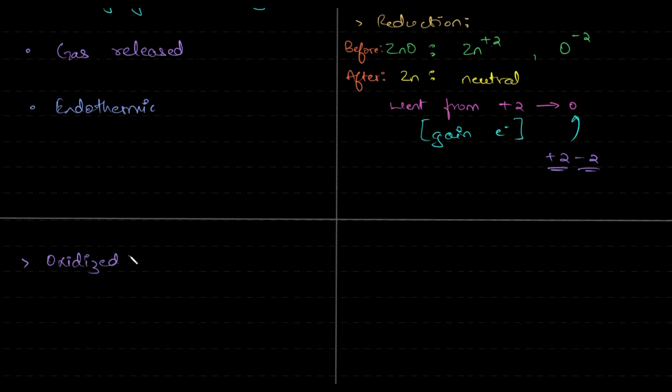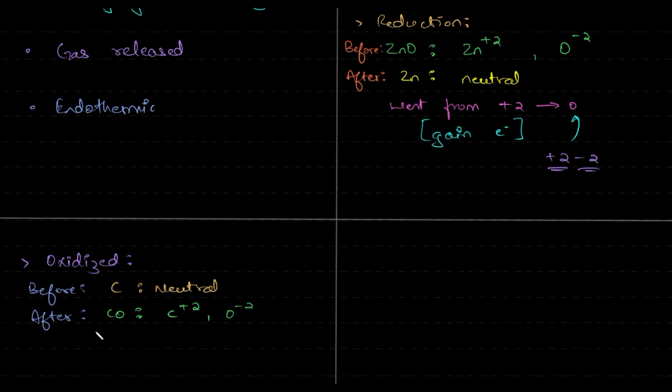Now let me keep it over there. Then we have oxidized. So let me write before and after. So what is getting oxidized? Carbon. Carbon, it was neutral. And now when CO comes into picture, what happens? Carbon is bonded with oxygen. So we are looking at C plus 2 and O minus 2. It pulls it out.